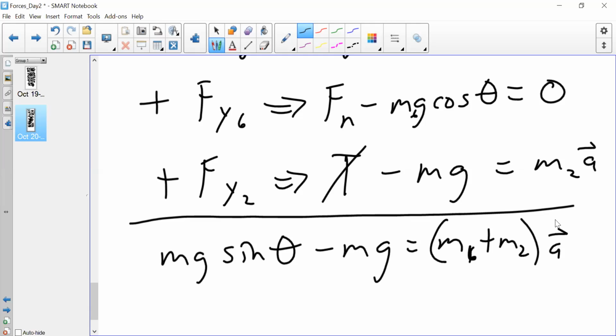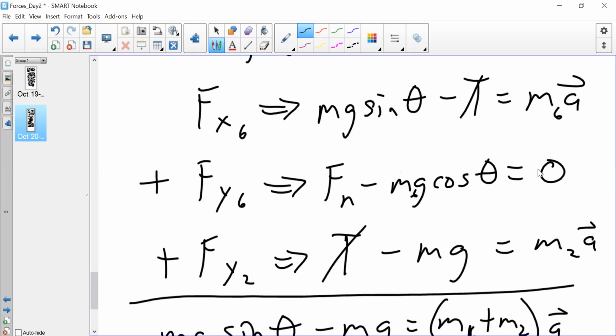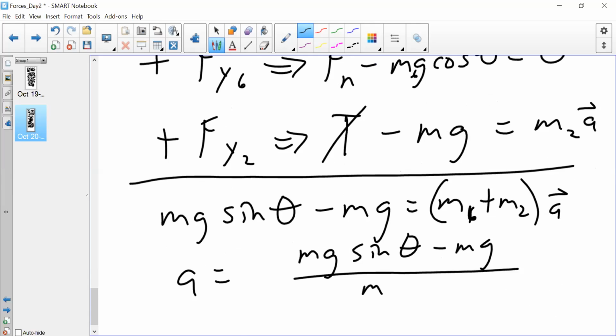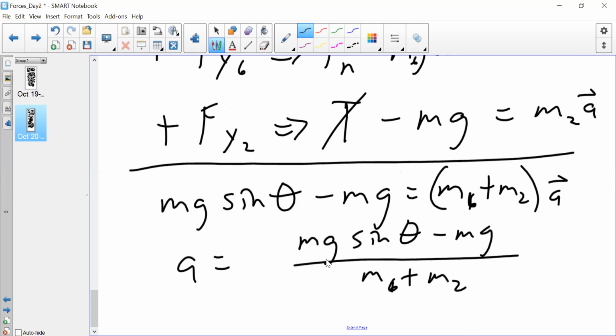That's why you add them. They're on the same side of the equal sign, m6 plus m2. Now you can get the equation for a, which will be mg sine theta minus mg over m6 plus m2. You can put your numbers in there and you get your acceleration.